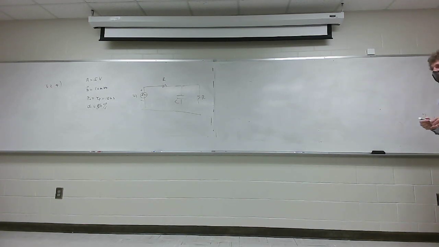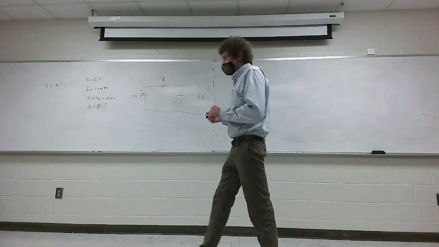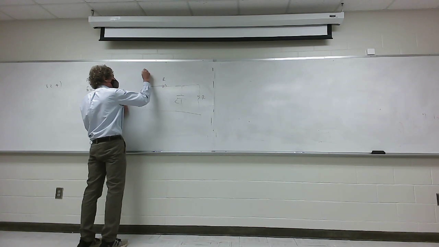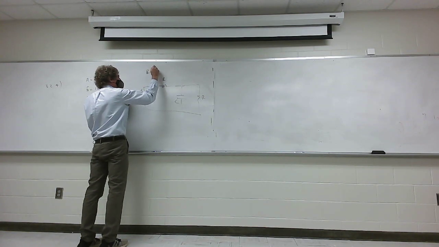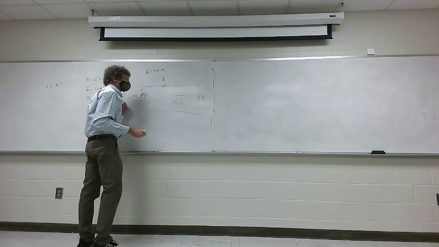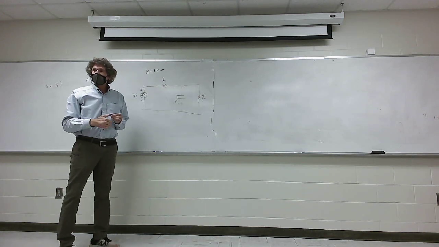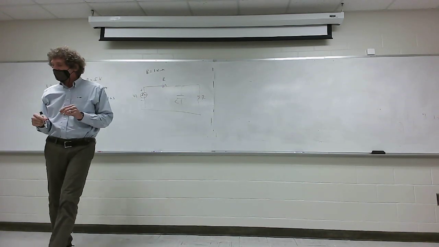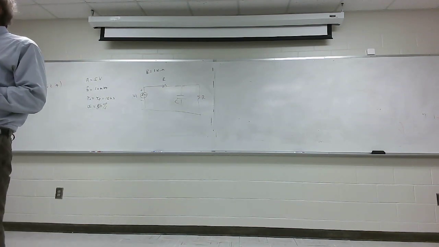All right, now, this is a good problem for a lot of reasons. I'm just going to put R equal to 1 K ohm. C is undetermined, right? They want the 5th harmonic to be down by 20 dB, correct?